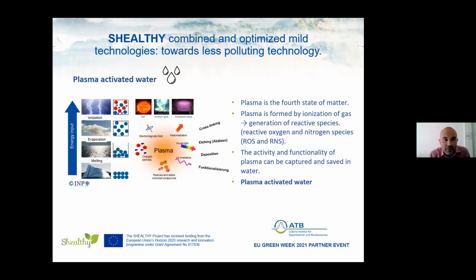Then we have another technology which is called plasma activated water. So the cold plasma, which is an ionized gas that is produced by applying energy to a gas or a gas mixture, consists of active particles such as electrons, ions, free radicals, or atoms.